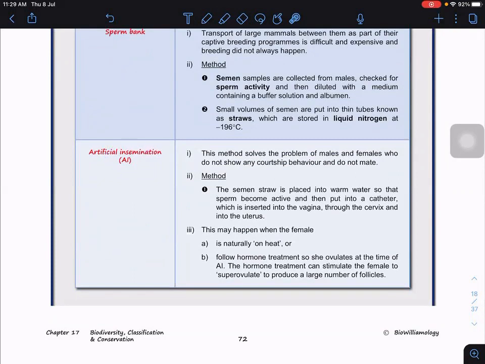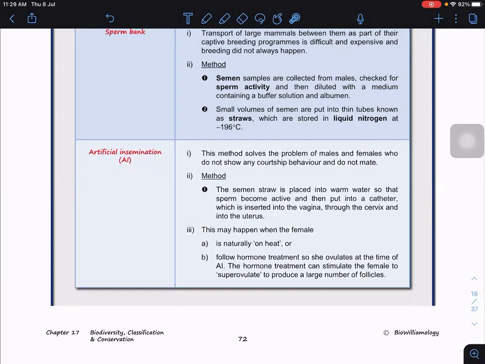This method also solves the problem of males and females who do not show any courtship behavior or do not mate. Just now we said they have a little choice of mate, so they don't want to mate. If they don't want to mate, then we can collect the sperm and do the artificial insemination.